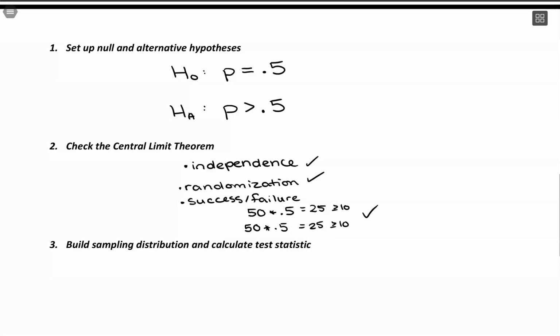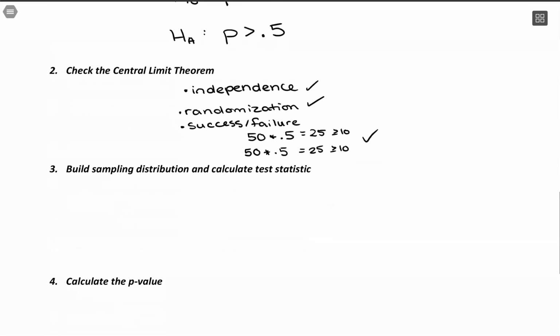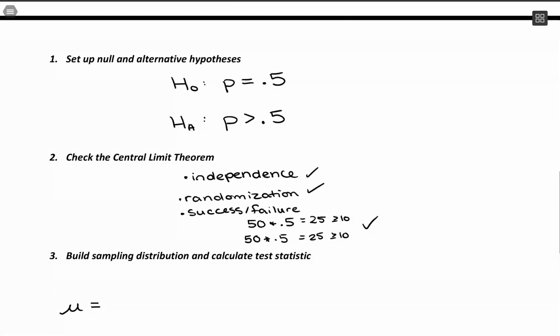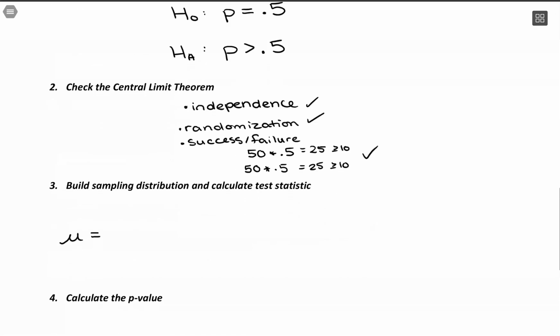So we've checked the central limit theorem to make sure we have a bell-shaped curve. What we're going to do here is build our sampling distribution. So we need our mean and standard deviation. The mean of our distribution is always going to be centered around our assumption. So going back to the null hypothesis, it's going to be centered at 0.5, since that's what we would expect to come through from our samples.